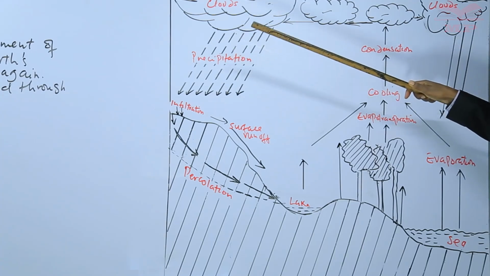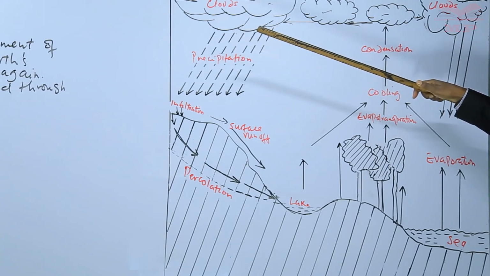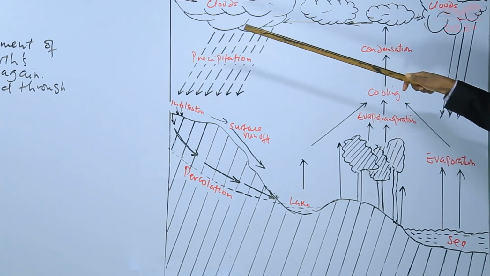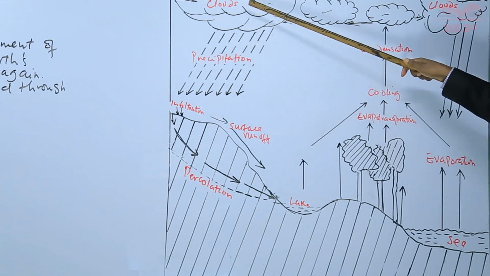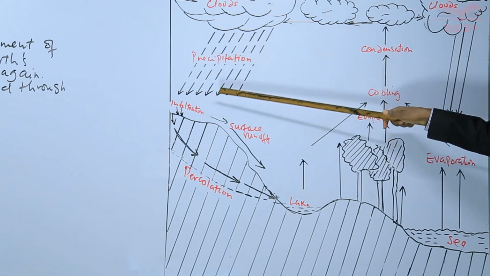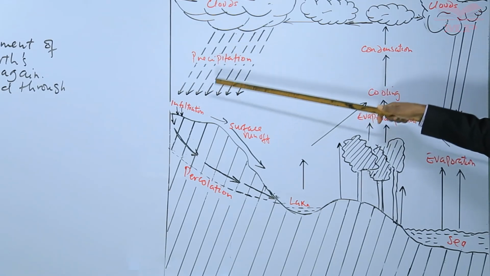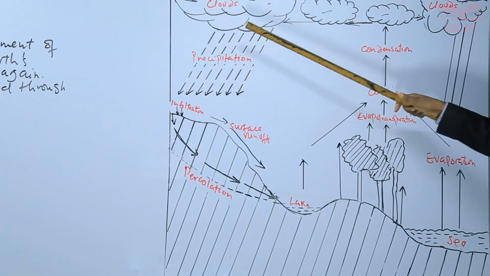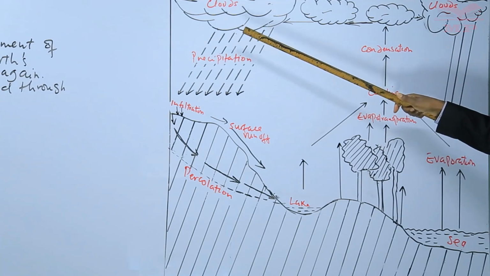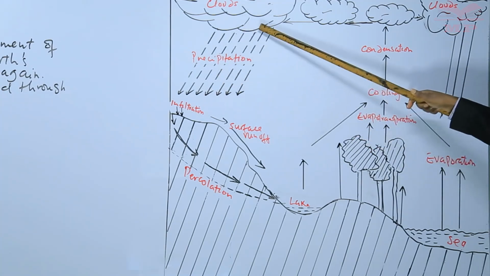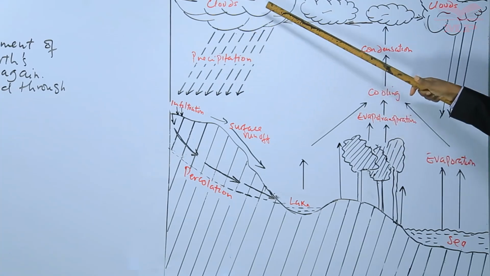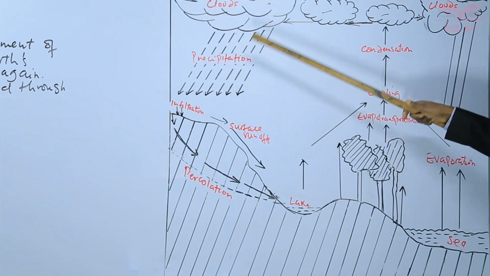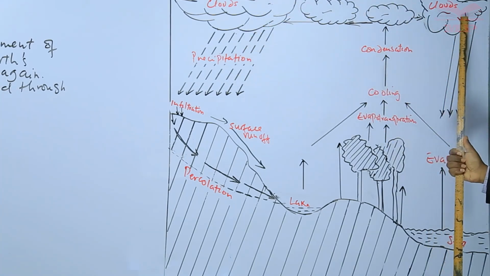Precipitation. This process takes water back to the ground in form of rain. It can be in form of hail. It can be in form of snow. It comes back to the ground.